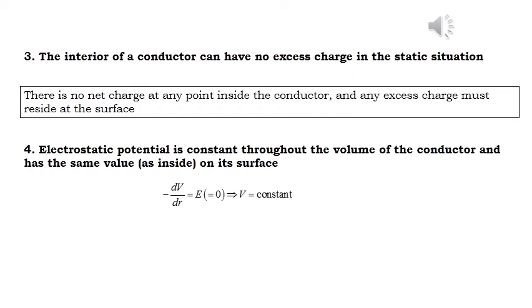So remember, this is a very important concept: for a charged conductor in the static situation, the potential on the surface as well as in the bulk is constant, but the electric field exists only outside, starting from the surface, while in the bulk the electric field is 0.